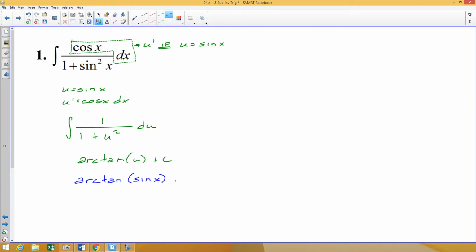For now, we will stop there. There actually is some algebra that you can sometimes do to clean up the composition of trig functions like arctan of sine and stuff like that, but in this case we won't be doing that. Actually, this one I'm not sure cleans up much anyway. But moving on. So there's number 1.